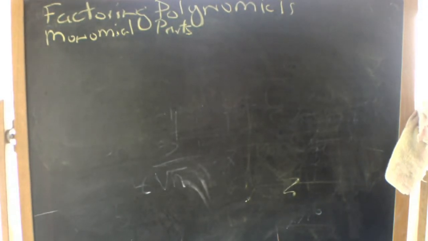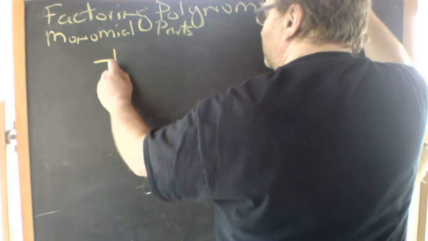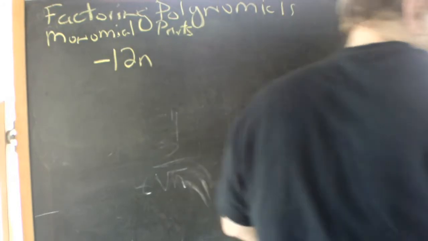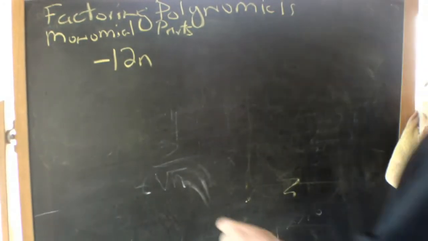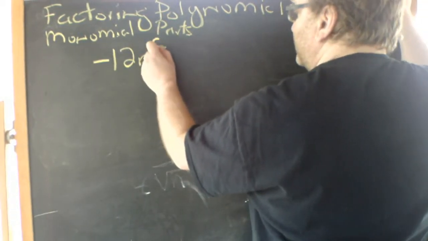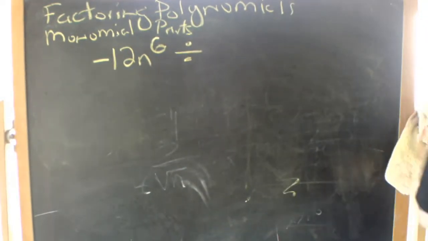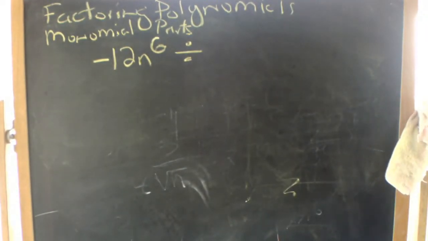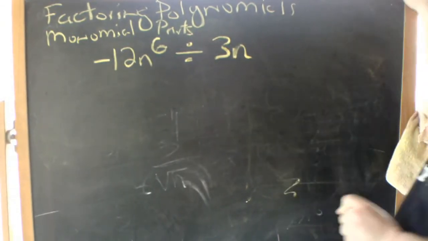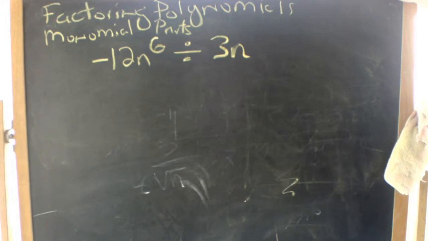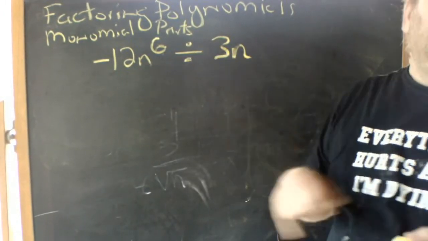So, I can have a monomial and I'm going to divide it by another monomial. And this is telling me that I have negative 12n to the 6th divided by 3n.